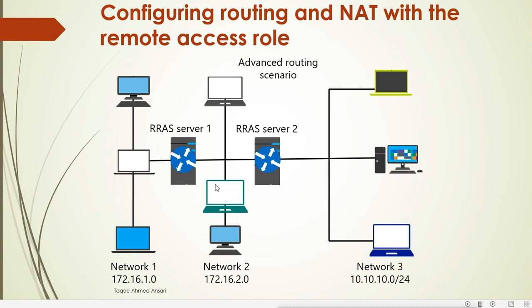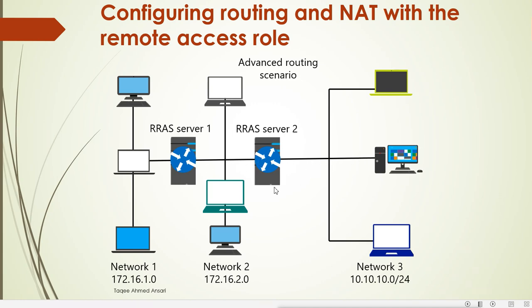Now here we will configure the routing. We can configure static routing, or we can also use the dynamic routing RIP, where we can configure that from network 1 to go to network 2, it can go from this interface or this first hop, that means RRAS server 2. Then to go to the third network, it can go from this routing and remote access server.